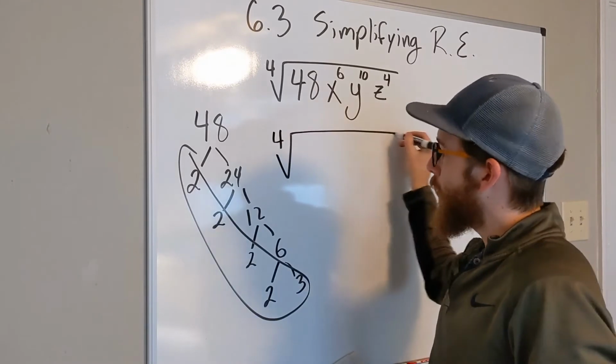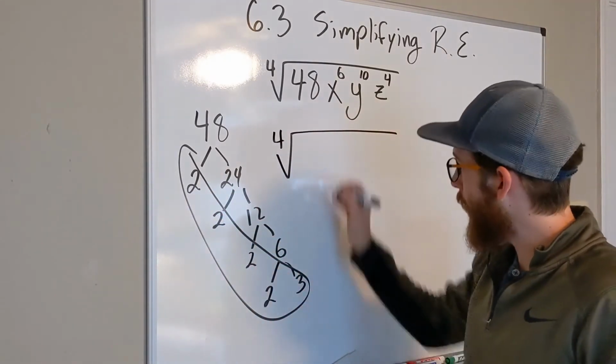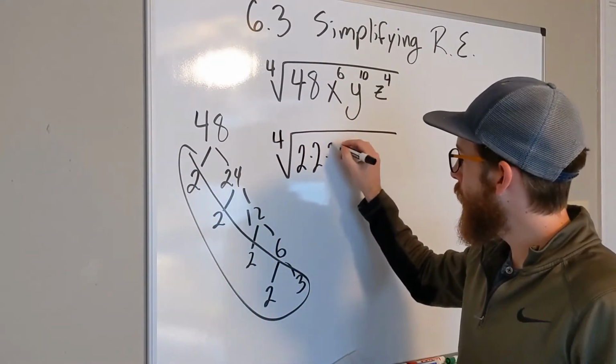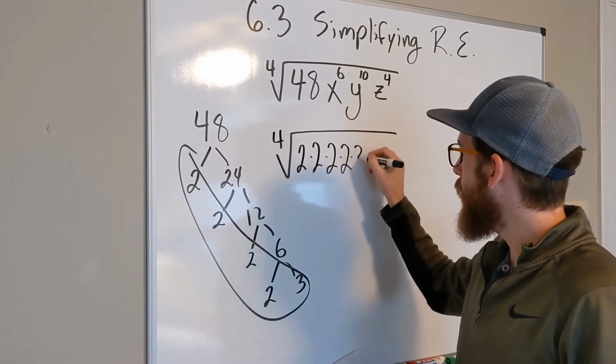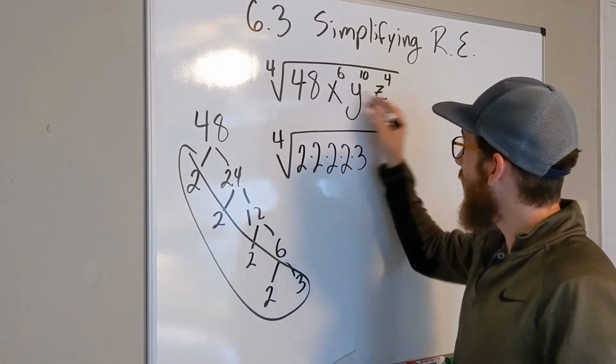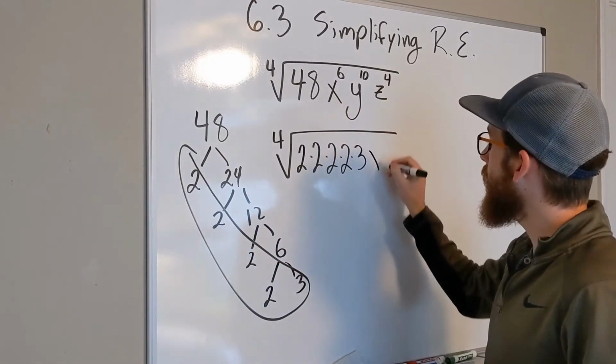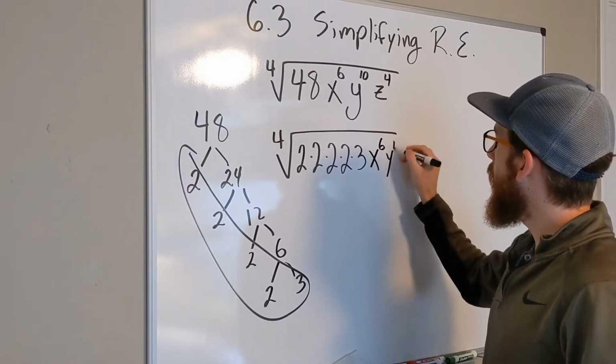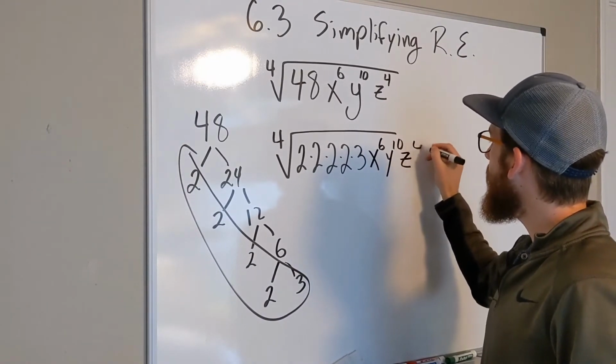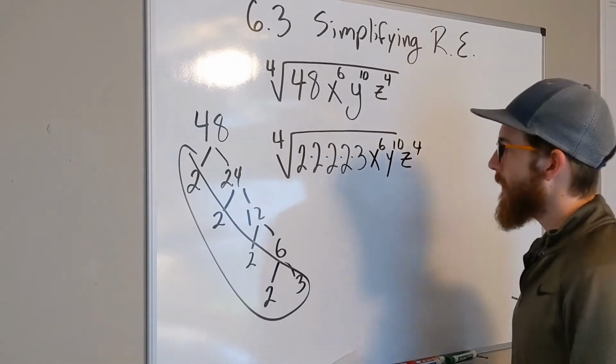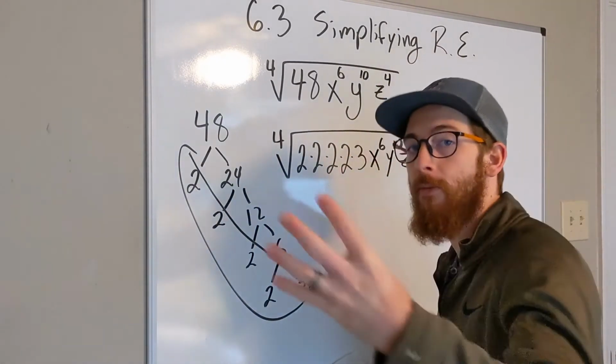So we have the fourth root of 2, 2, 2, 2, 3. Then I still have these 3 pieces, so I got to include those: x^6, y^10, z^4. Now, I'm looking for groups of 4.